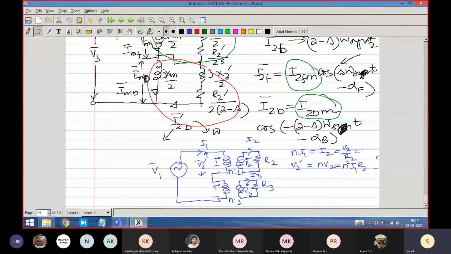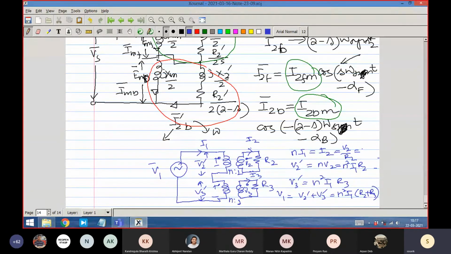Similarly, if I want to see what V3 dash is, that also will be similar: N square I1 into R3. V1 is equal to V2 dash plus V3 dash, which is equal to N square into I1 into R2 plus R3.